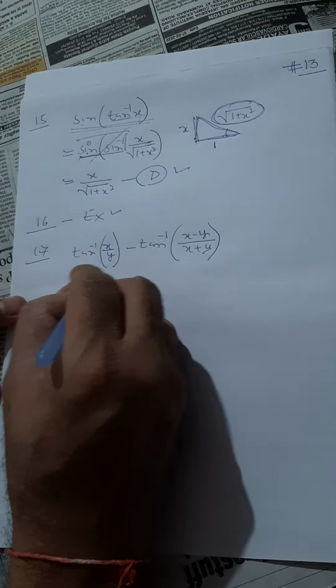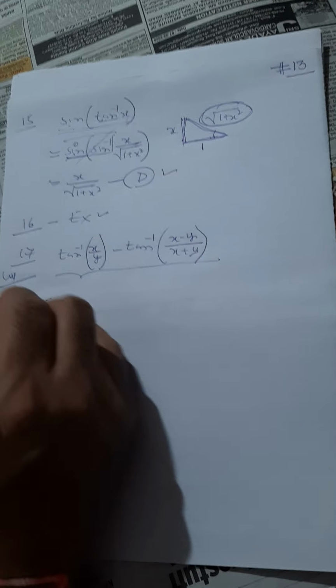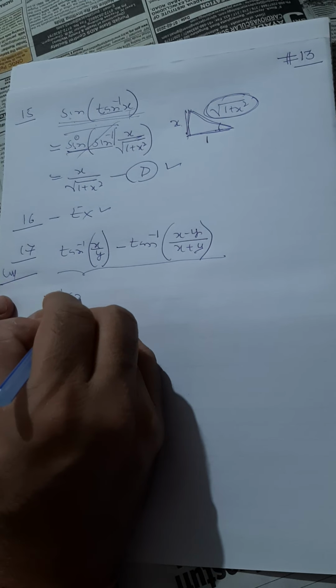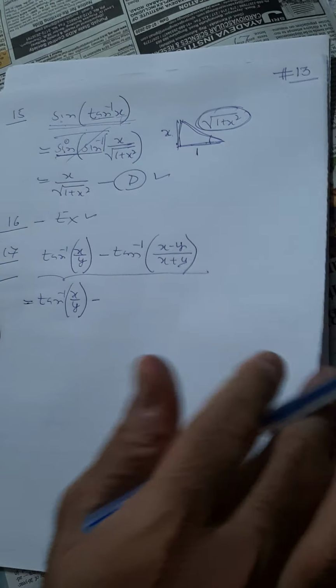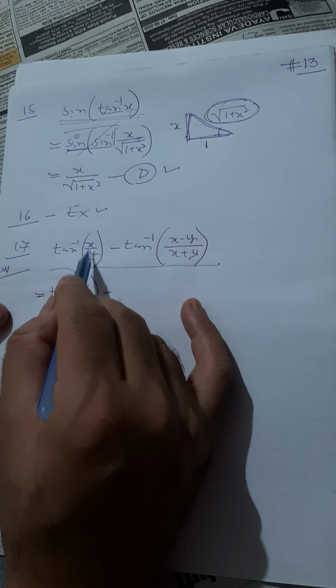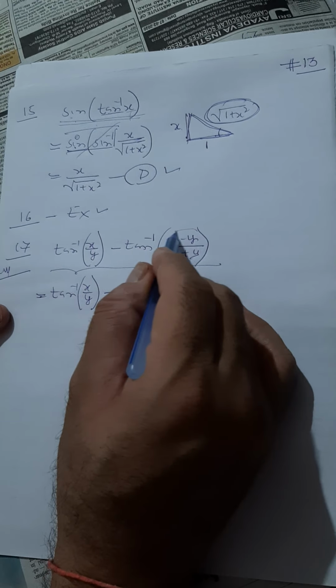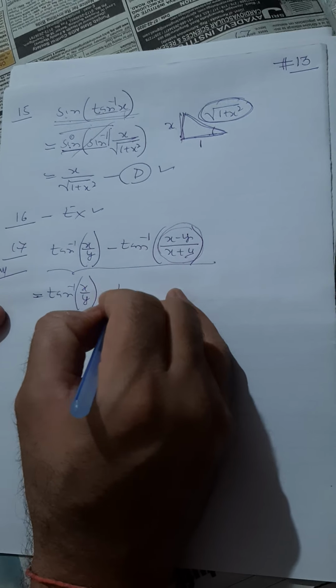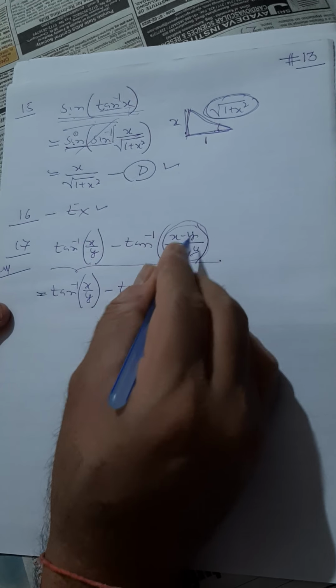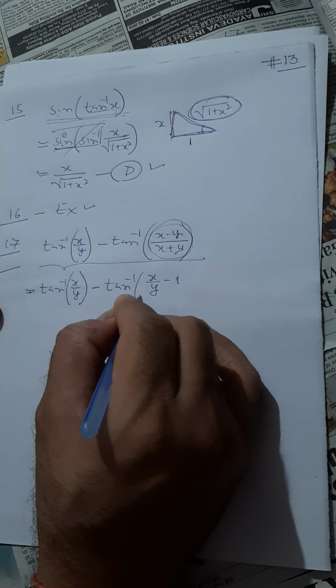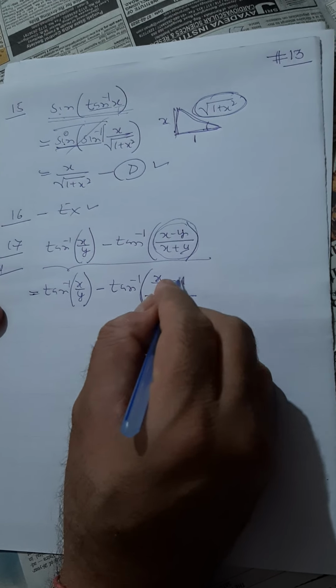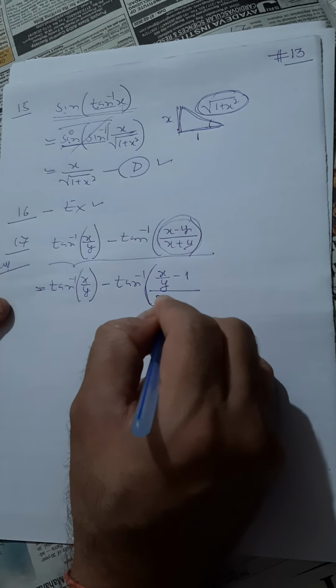So now the last question here. Tan inverse x by y as it is. Now here, to get the same expression x by y, what do we do? We divide numerator and denominator by y here. So x by y minus 1 upon x by y plus 1.